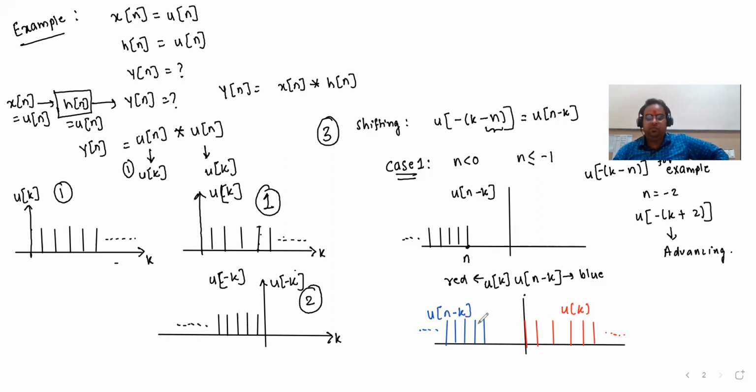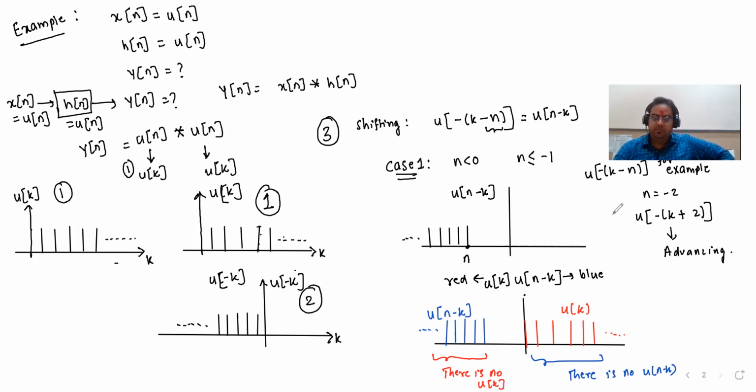If we multiply both of them, you can see that clearly it will be 0, because in this region there is no u of n minus k, and in this region there is no u of k.